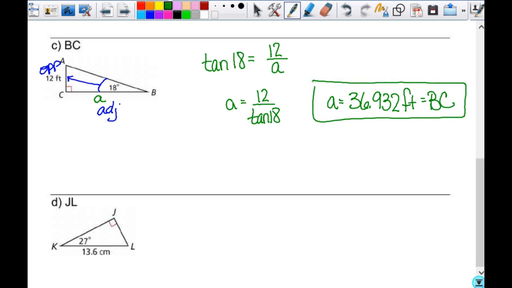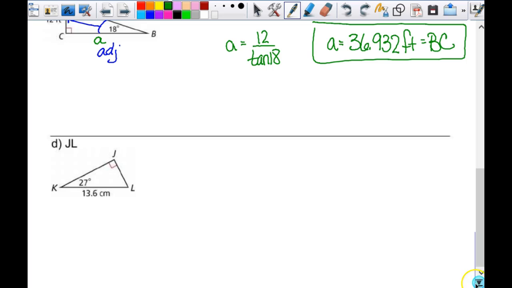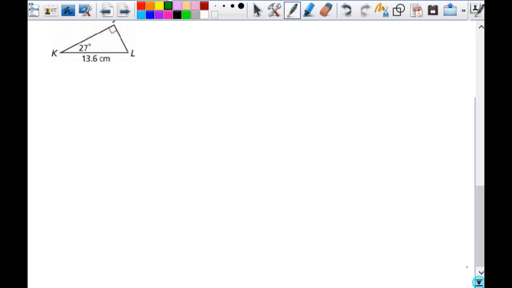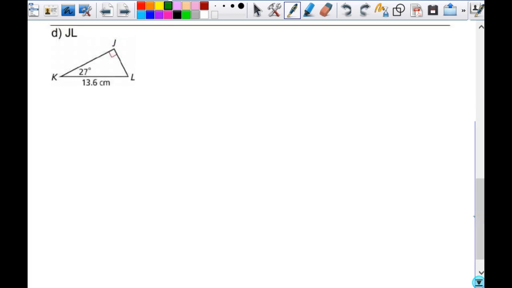Everybody okay with that? Okay, good. All right, so here, one more of these, and then we'll move on to the angles. So I'm looking for JL. What variable would I put on that? K. Lowercase k, but my lowercase and capitals look the same.